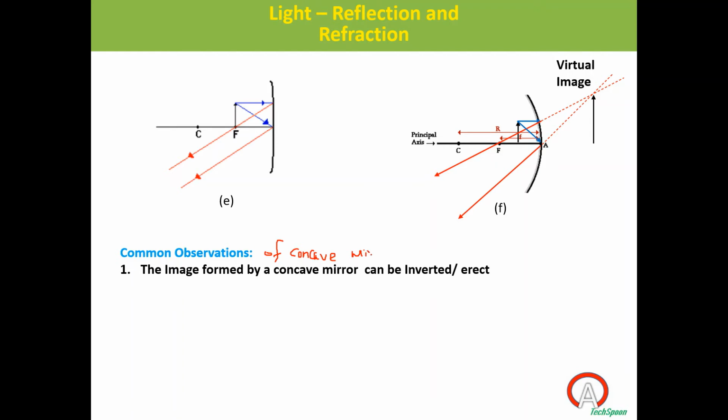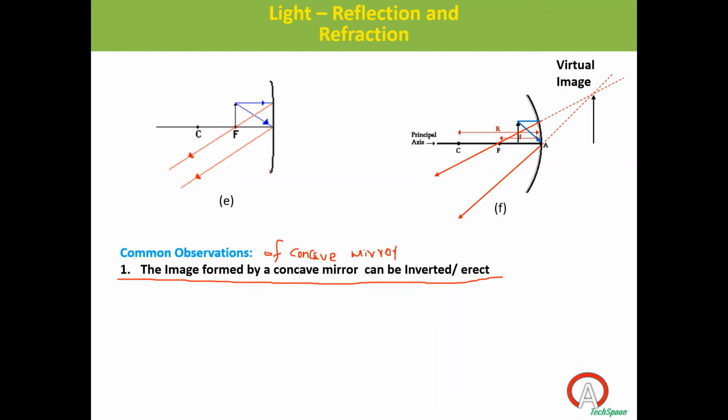First point. The image formed by a concave mirror can be inverted or erect. Right? Is it a right statement or wrong statement? The image formed by a concave mirror can be inverted or erect.